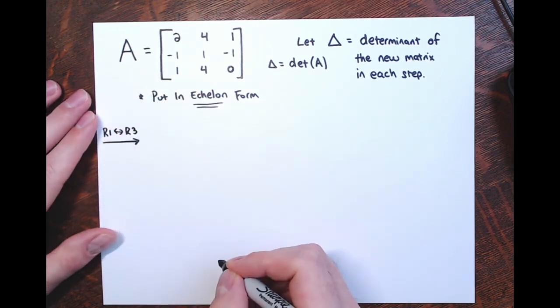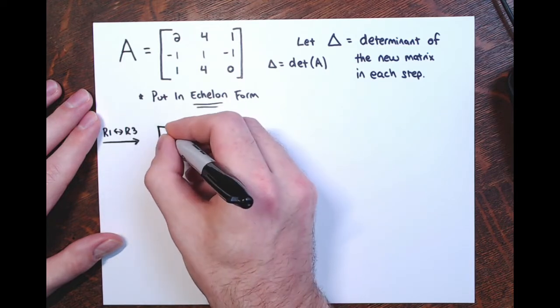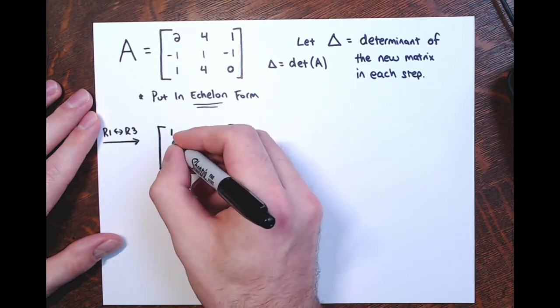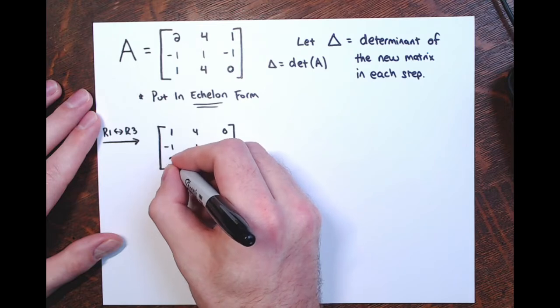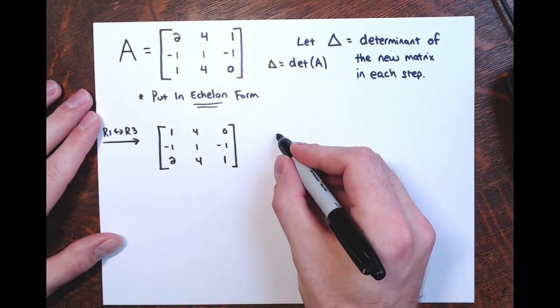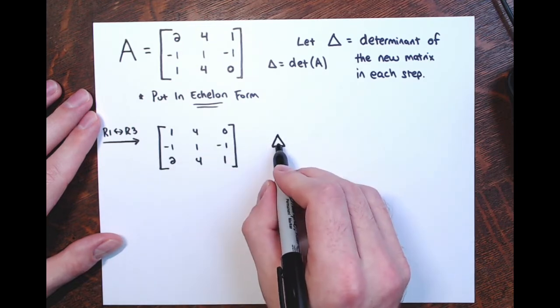That'll create this new matrix where you have 1, 4, 0, negative 1, 1, negative 1. And then the third row is now 2, 4, 1. Now, again, the little triangle represents the determinant of this matrix.